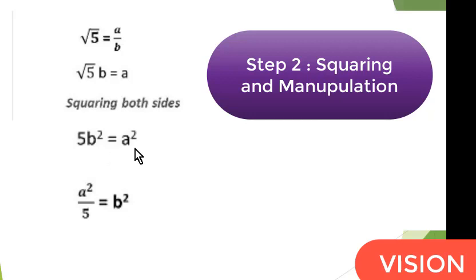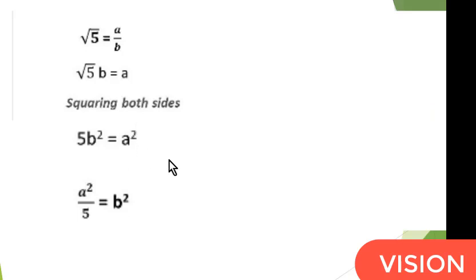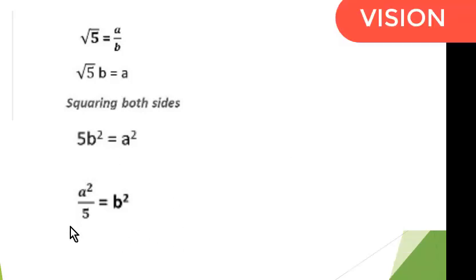Now the a square representation we have, and we move b square. This is how we squared and manipulated the equation. Manipulation means changing the way it is written without altering it, only changing the position. So a square equal to 5b square, and b square equal to a square divided by 5.